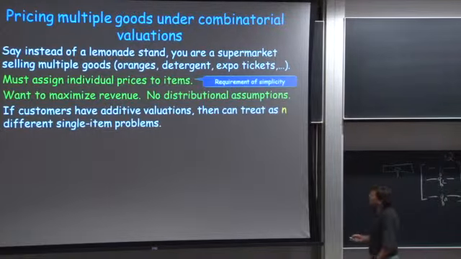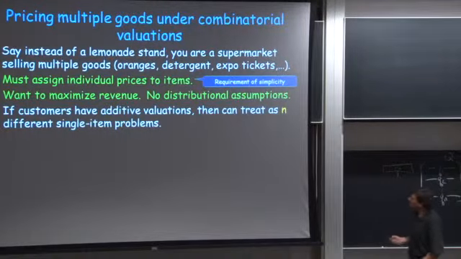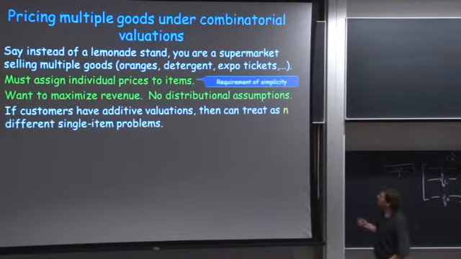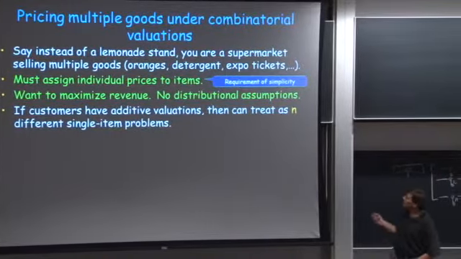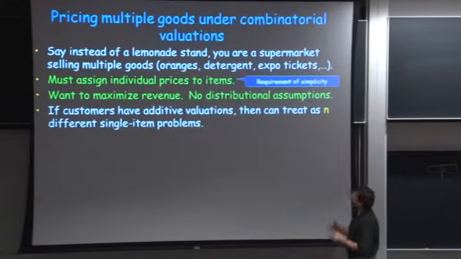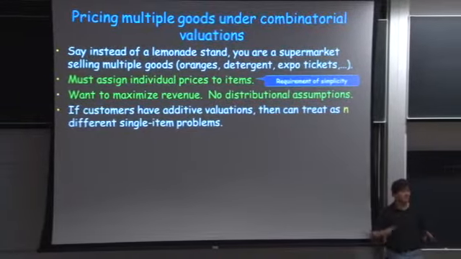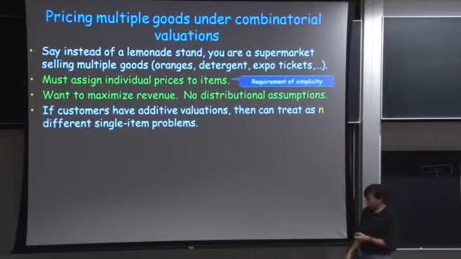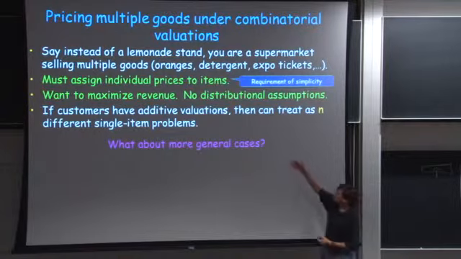Okay, so if the customers had additive valuations over oranges, detergents, expo tickets, whatever it is we're selling, we have n goods, we could treat this as n different single item problems. We could have our lemonade stand, our orange stand, our detergent stand, our expo ticket stand, all separate. They each adjust their prices, just split it out. Okay, but we're interested in what about more general cases?